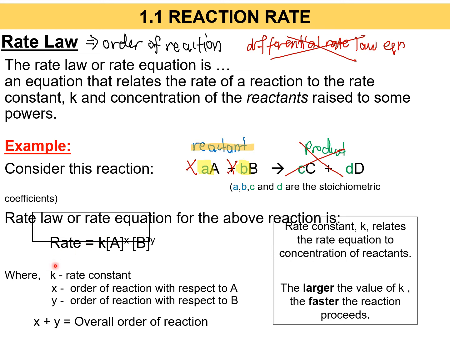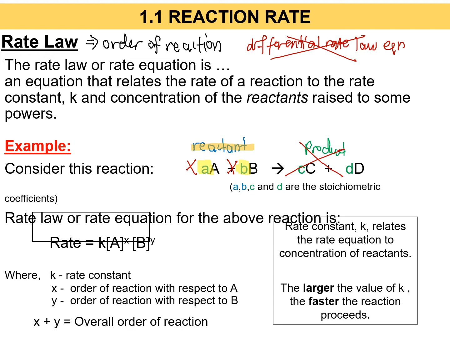Okay, where K is the rate constant, X is the order of reaction with respect to A, and Y is the order of reaction with respect to B. And if you want to know the overall order of reaction, it is going to be X plus Y. Okay, for example, Miss wants to give an example.